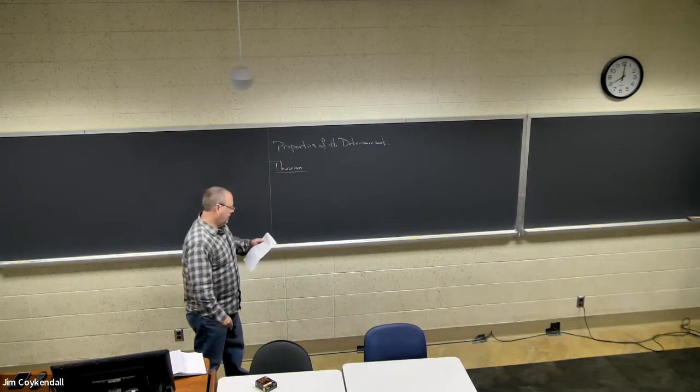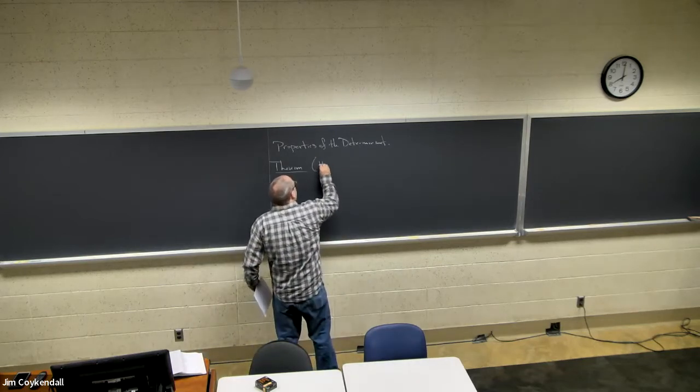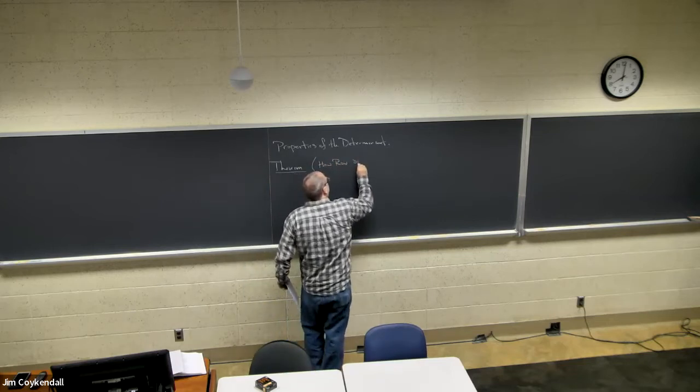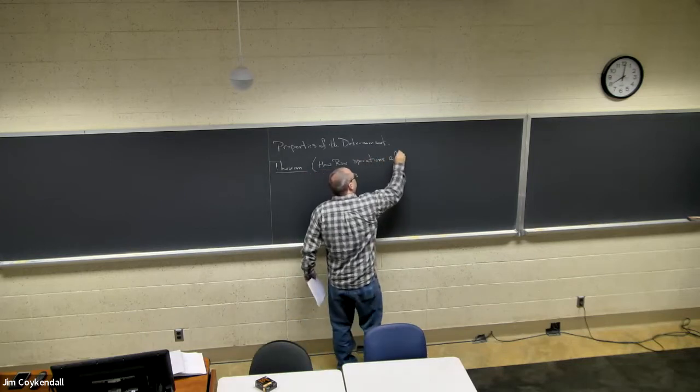And this was a big one right here. I might call it how row operations affect determinants.